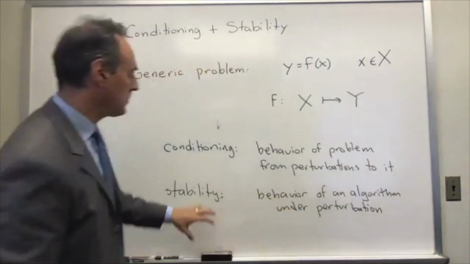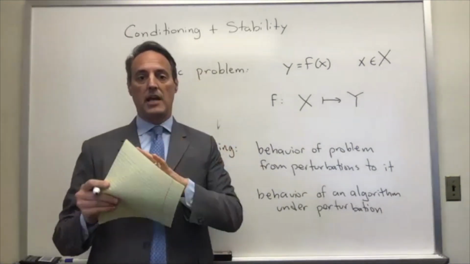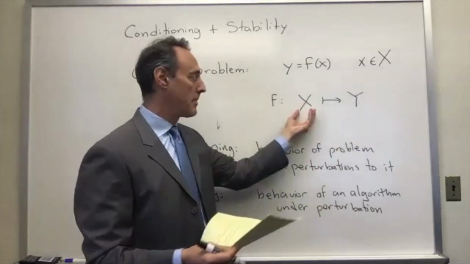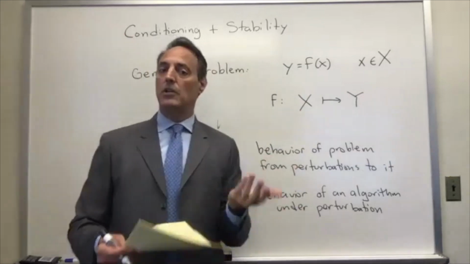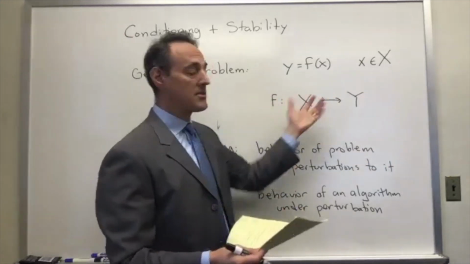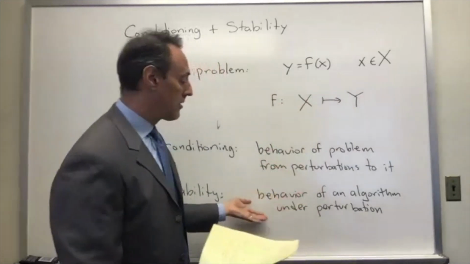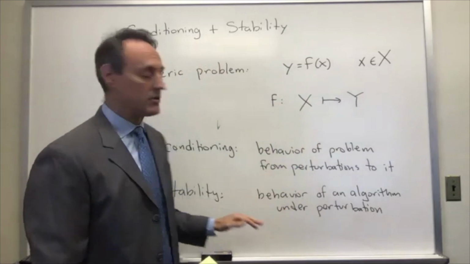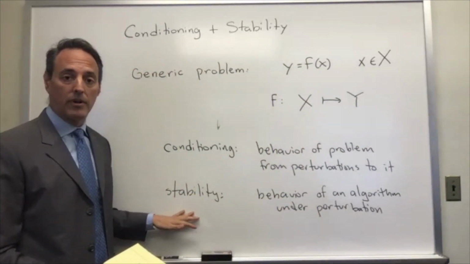So conditioning is really the uber concept of saying, if I want to map this to this, and I have small perturbations here, what is the effect on Y? But then if you look at the analysis of different algorithms that might produce the mapping, you want to understand what happens to the algorithm itself under the perturbations. So that's, in some sense, talking about the stability of that algorithm.